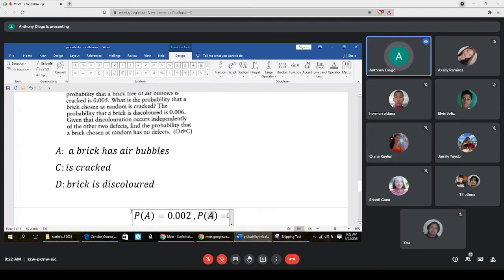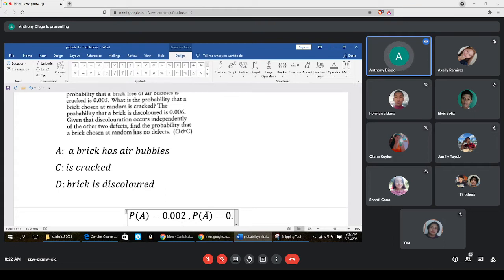So the probability that the brick does not have a bubble will be what? Remember, the probability of a brick has a bubble is 0.002. And remember, the complement and its event itself add up to 1.